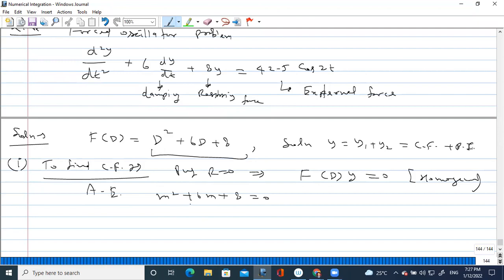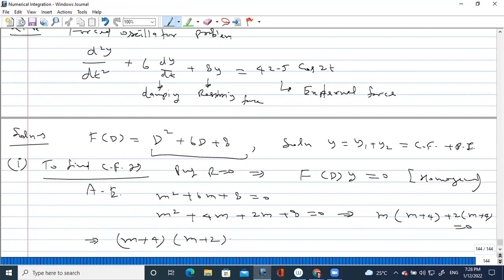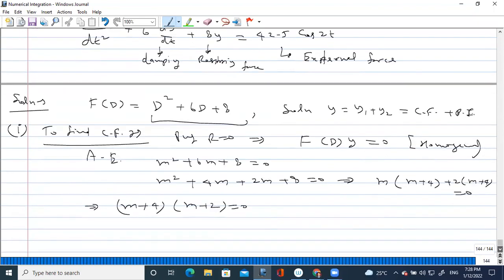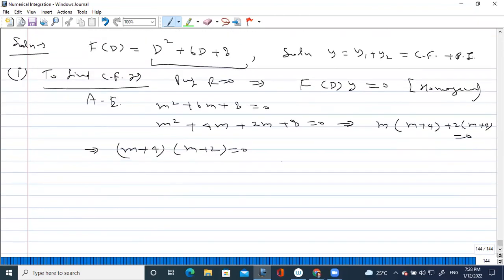Splitting 6 as 4 plus 2, which multiply to 8, we get M square plus 4M plus 2M plus 8 equal to 0. Taking M common, M into M plus 4 plus 2 into M plus 4 equal to 0, so M plus 4 into M plus 2 is equal to 0. This implies M is equal to minus 2 and minus 4. So these are the two roots.